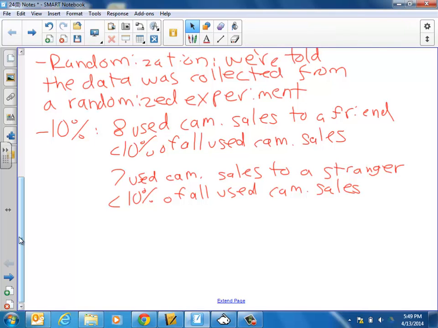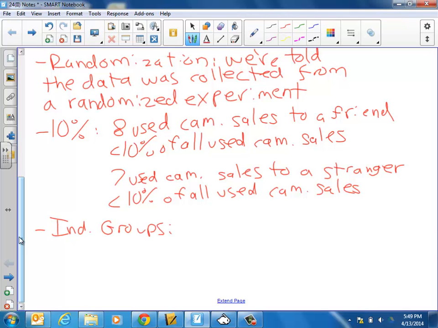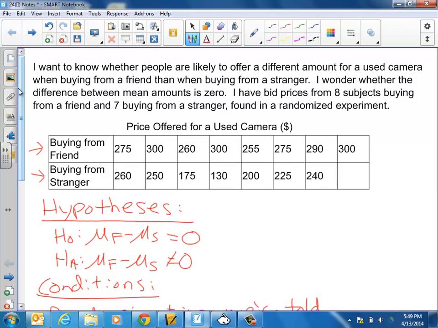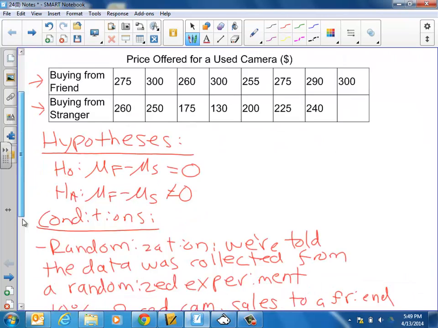We've got 2 more to look at. We need to see whether or not the independent groups assumption is met. Independent groups. And yeah, sure. I mean, if this is information taken from a randomized experiment, then because these are random participants in the experiment, hopefully there's no interaction between people who are buying from a friend or the person selling to their friend, versus in the second category, buying from a stranger or selling to the stranger.